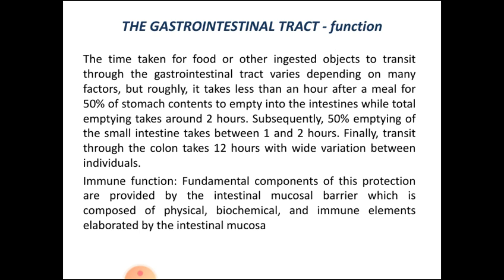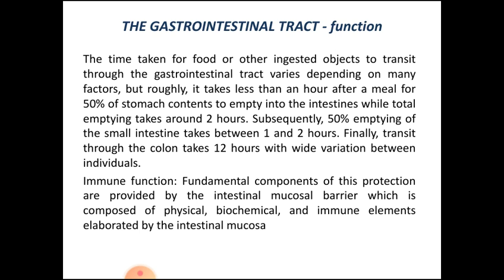The time it takes food and other ingested objects to transit through the gastrointestinal tract varies depending on many factors, but roughly it takes less than 1 hour after a meal, meaning after 1 hour the food is digested and absorbed. 50% of stomach content empties into the intestine, while total emptying takes around 2 hours.